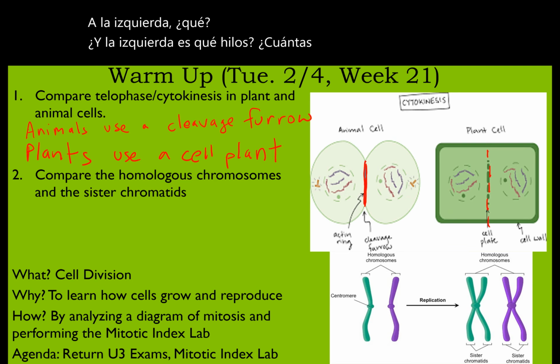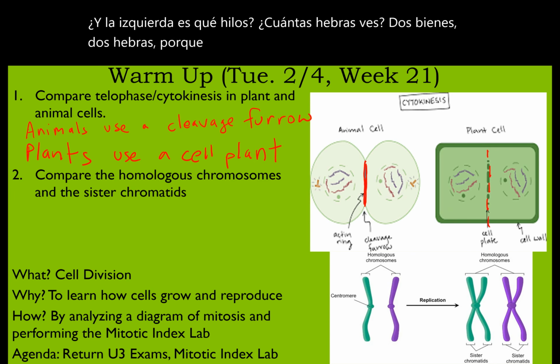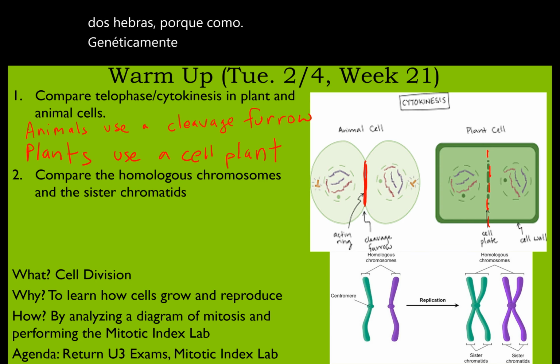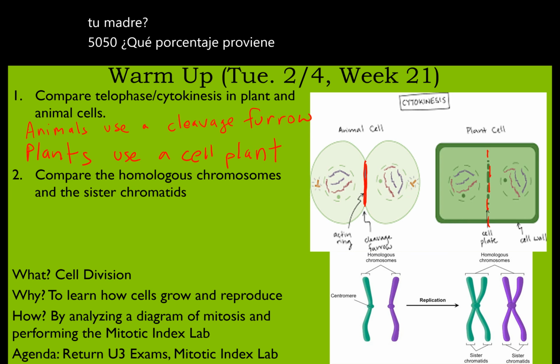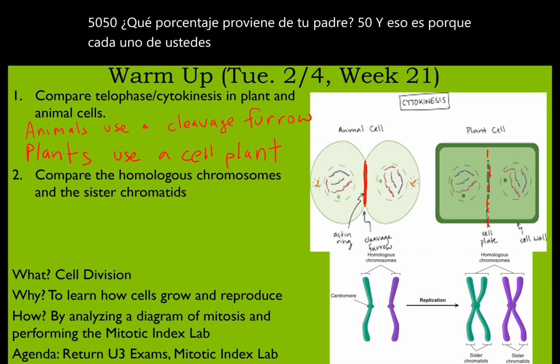2, right? 2 strands. Because, as you know, genetically, DNA-wise, what percent comes from your mother? 50. What percent comes from your father? 50. And that's because you each get 1 chromosome from each, so they add up to half and half.